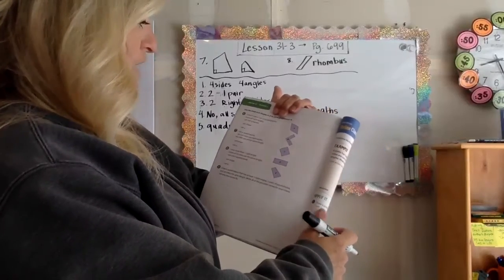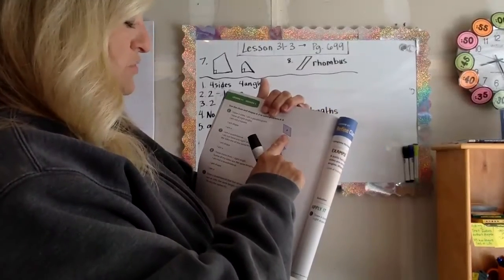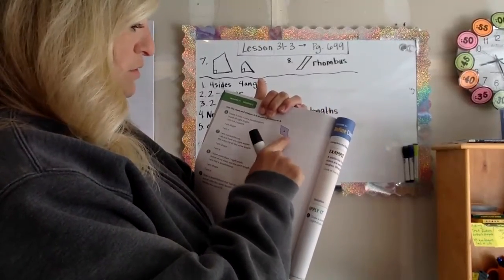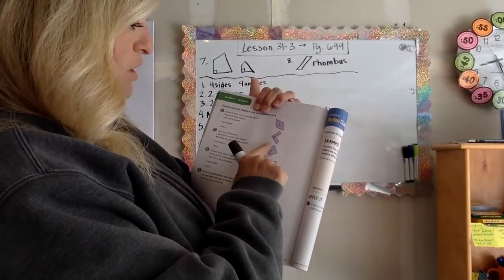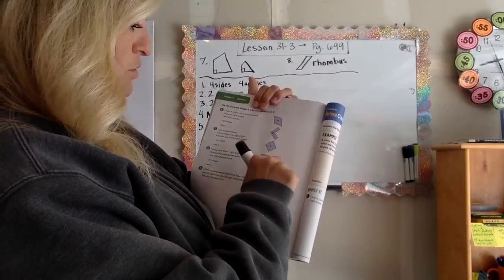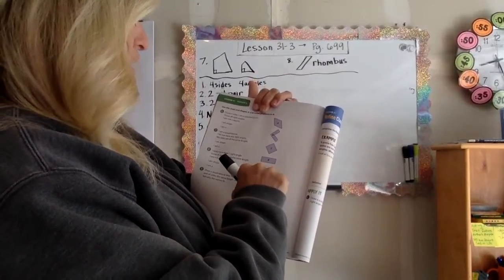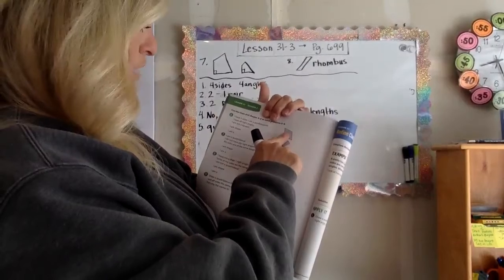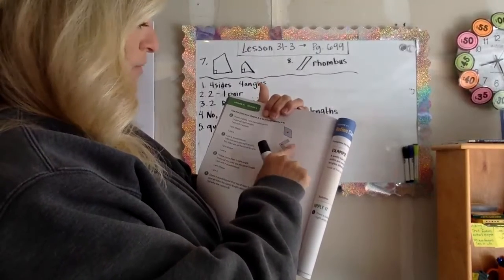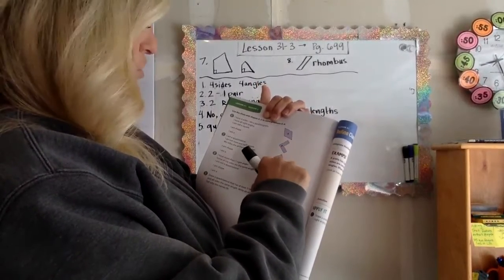So we're looking for something that has 4 sides. This one I can tell has 4 sides. This one has 1, 2, 3, 4, 5, 6 sides. So it's not that. 1, 2, 3, 4. I have all right angles. No right angles. That one doesn't have 4 sides.